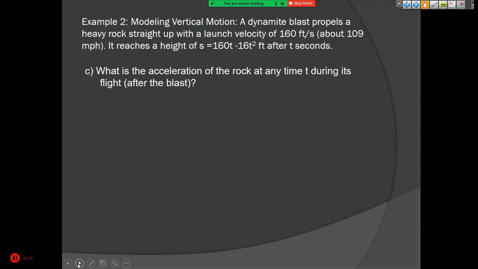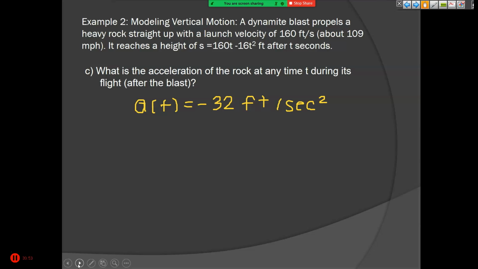And then it says, what is the acceleration of the rock at any time t during its flight after the blast? So derivative of velocity gives acceleration.